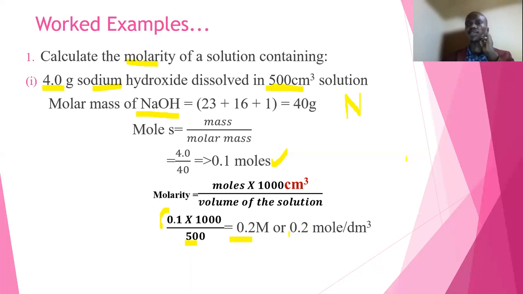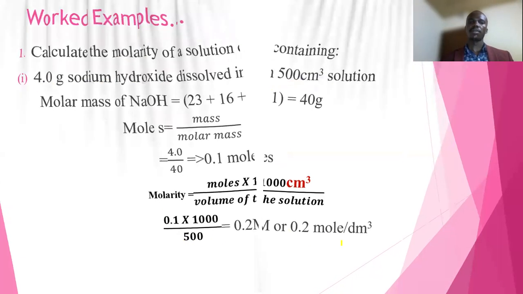Because sometimes you can be told to leave your answer in moles per liter. This is just the same as moles per dm cubed. Let's proceed on. It is getting nice.